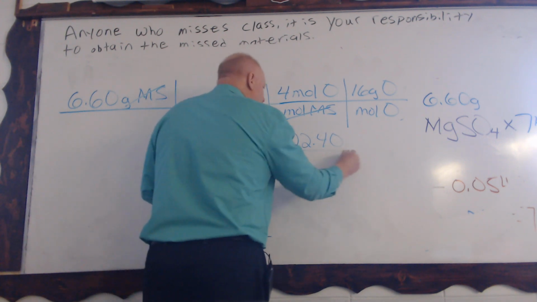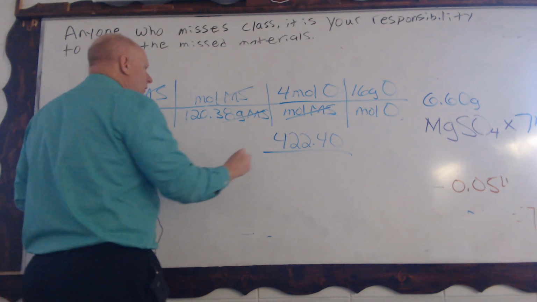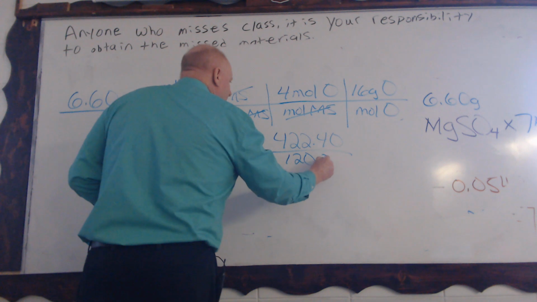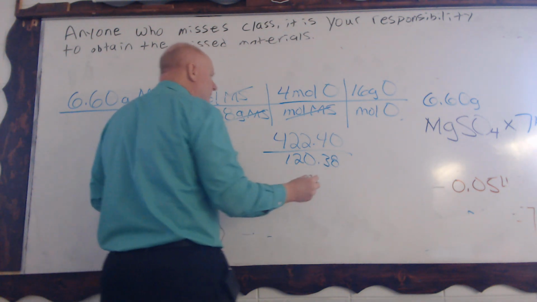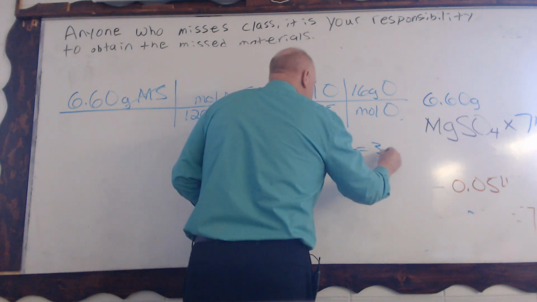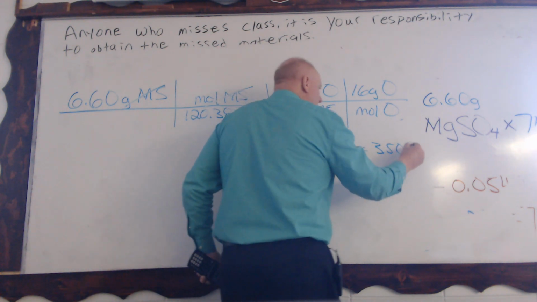But then we still have to divide that by 120.38. That's 3.5088.